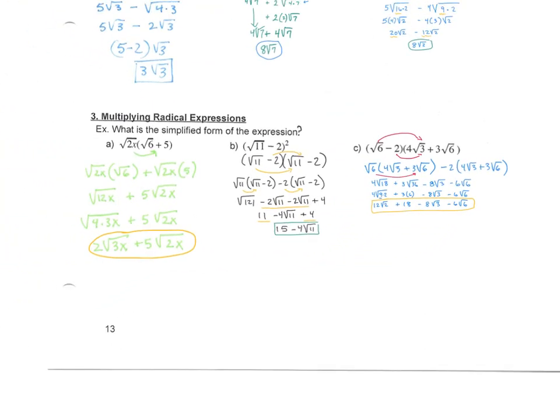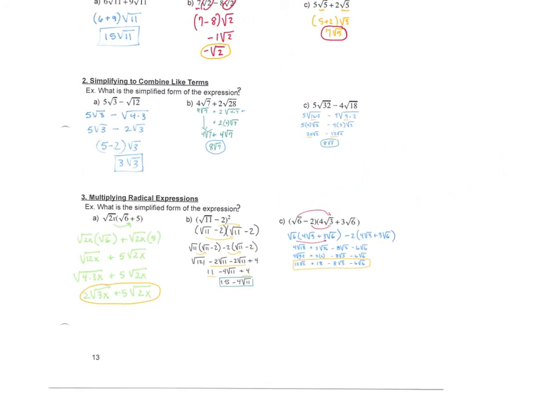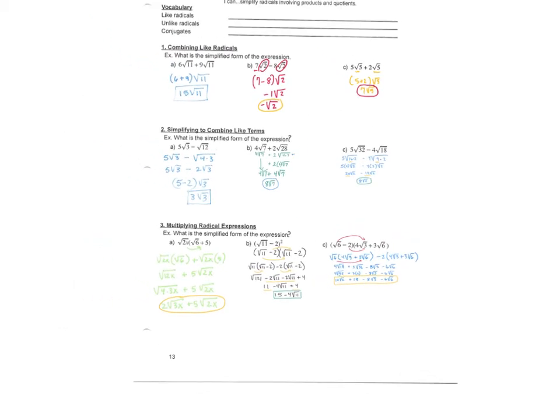So in doing math operations, the numbers may seem a little bit unusual, but we're doing the same thing that we've been doing: using the distributive property, combining like terms, adding, subtracting, and multiplying. We have all the prerequisite skills. It's just a matter of, wow, all of a sudden we're using a radical instead of just a number or a variable. Understand that simplifying radicals is nothing more than when we simplify a fraction.